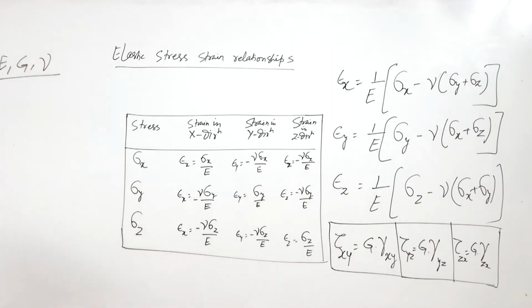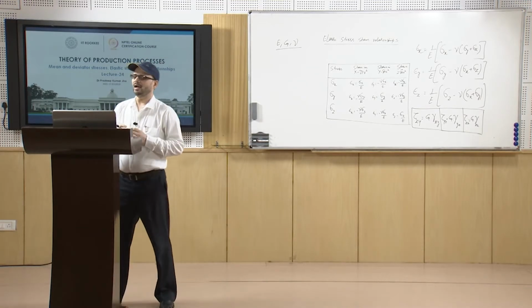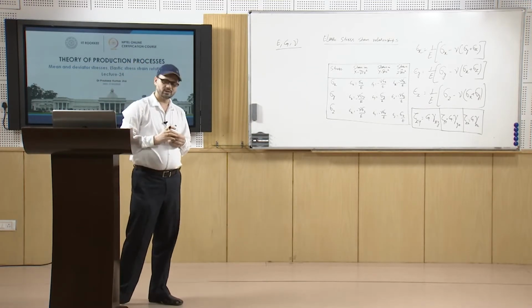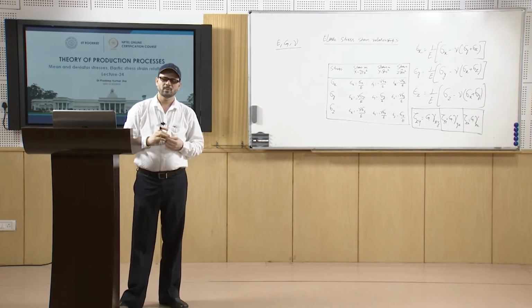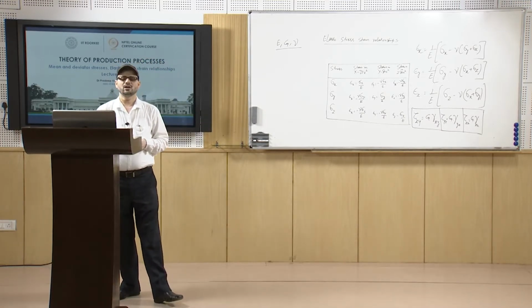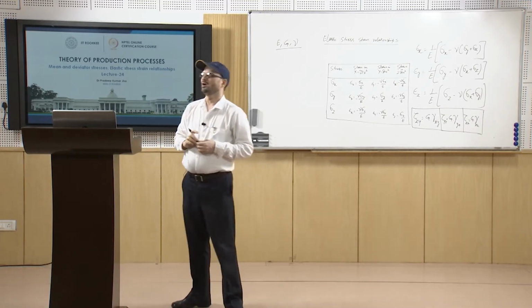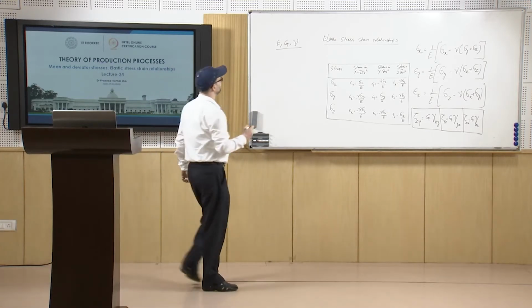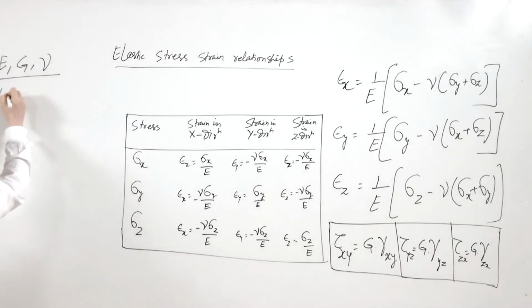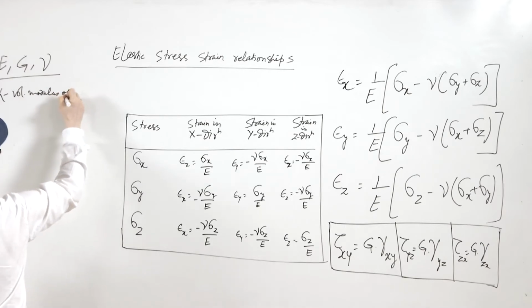Now, another constant is related to the volumetric strain, and that is basically the volumetric modulus of elasticity. So, that is known as the constant K. So, this is K, that is volumetric modulus of elasticity.